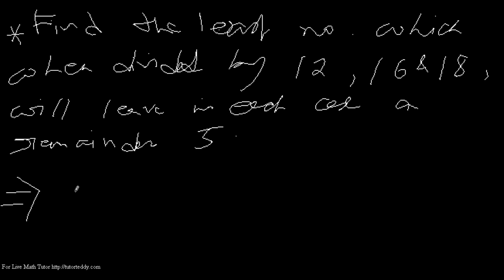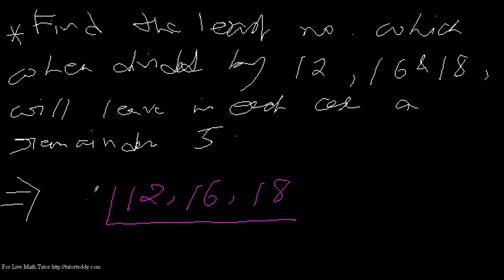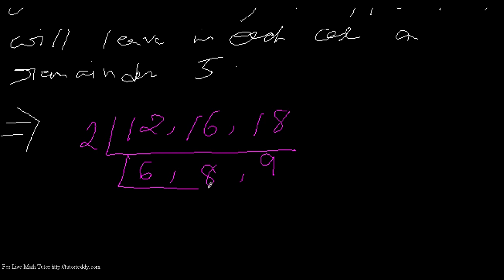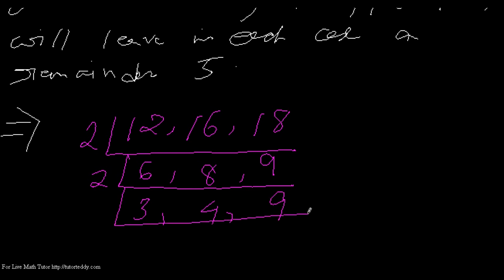First I find the LCM of these three numbers, 12, 16, 18. 2 6s are 12, 2 8s are 16, 2 9s are 18. Again I divide by 2: 3 2s are 6, 4 2s are 8, and 9 remains. Now I divide by 3: 3 1s are 3, 4 remains, and 3 3s are 9.